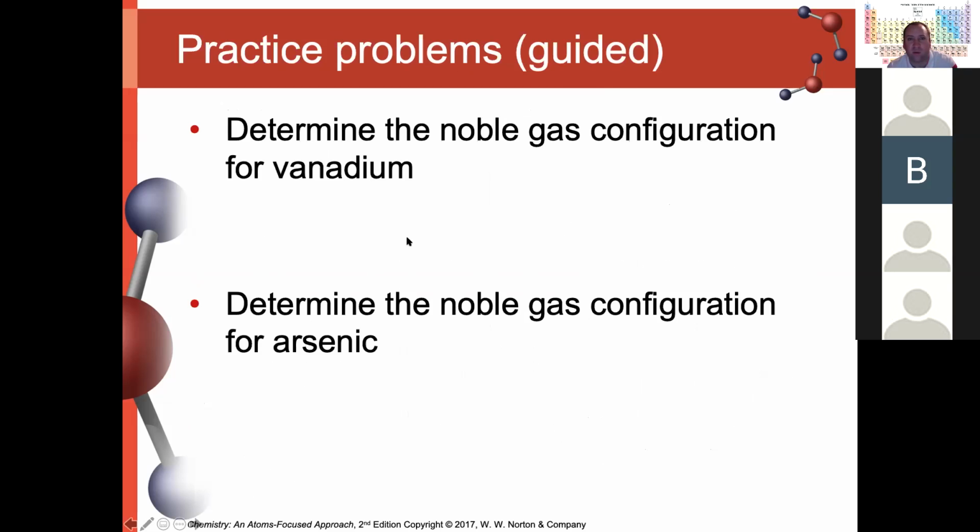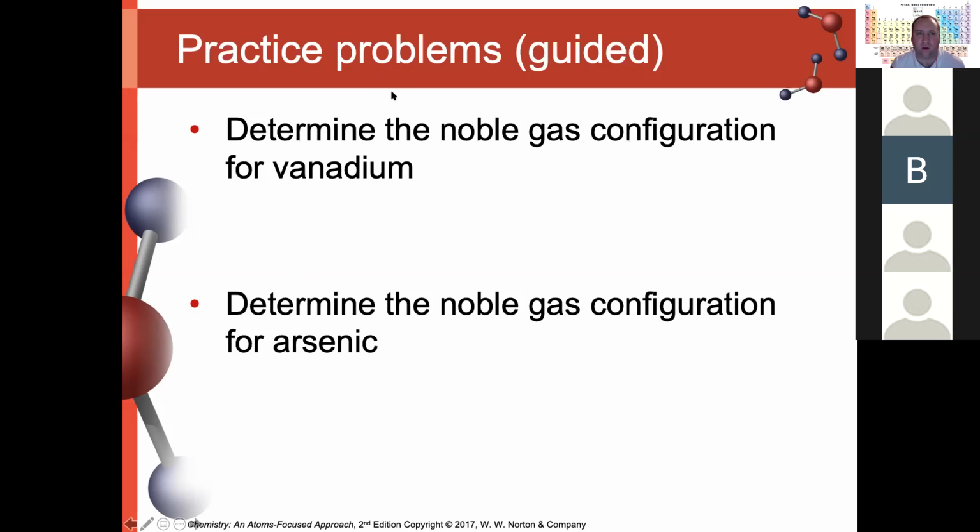So let's do a couple more problems together. Determine the noble gas configuration for vanadium. So again, I would point you to a periodic table of some kind here. Vanadium is element number 23. I go backwards from element number 23 and I end up at argon, element number 18.